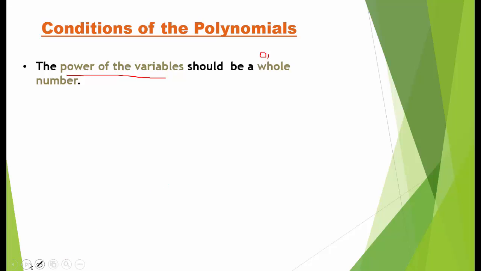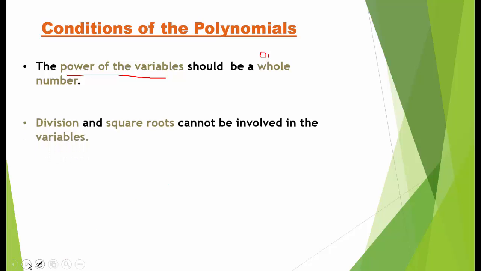Now the second condition for the polynomial is that division and square roots cannot be involved in the variables. Means my variable is not in the denominator or doesn't contain any square root, cube root. Like if I am writing root x, then this is not a polynomial because the variable should not be involved in a square root or cube root term.